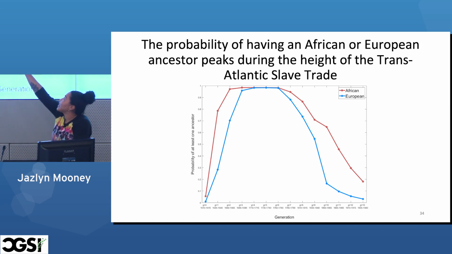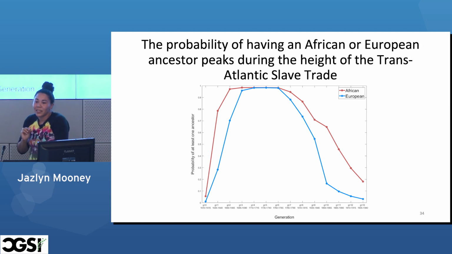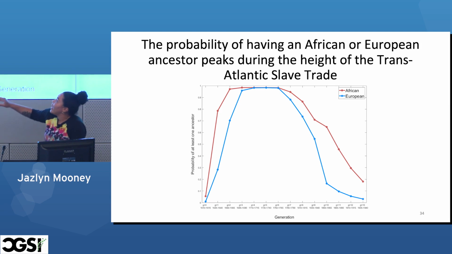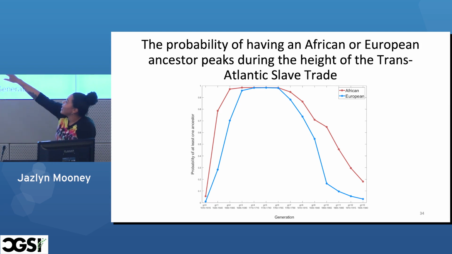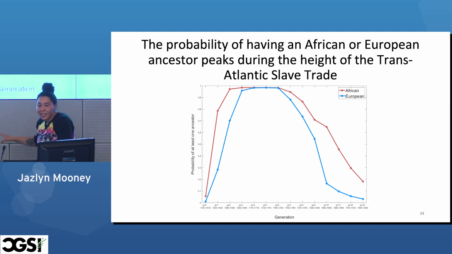This also peaks again during the height of the transatlantic slave trade, so you see a probability of roughly 96% of finding at least one African or European ancestor during this period of time. And you see, right, that in the beginning, the probabilities are kind of low because we know our fraction of parents are really low. We see it peaks during the transatlantic slave trade and then tapers off again when we have more African American parents than either African or European.